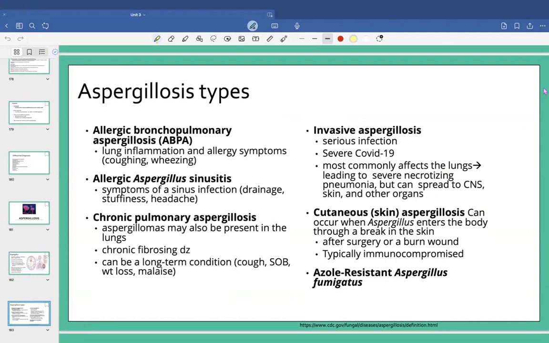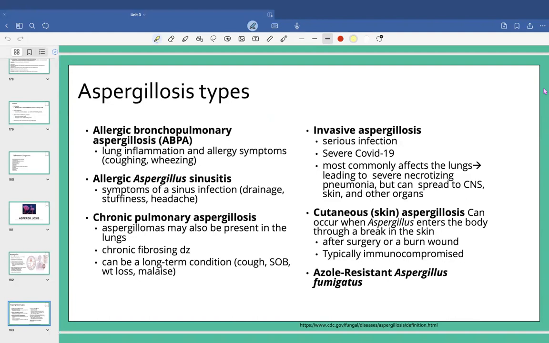Then there's allergic aspergillosis sinusitis. These patients usually have some underlying allergies. They'll present like a typical sinus infection would: drainage, stuffiness, congestion, headache. I have seen aspergillosis in the sinuses before.